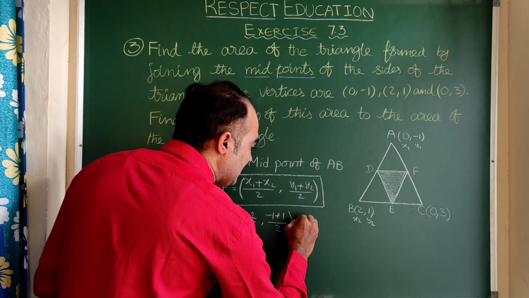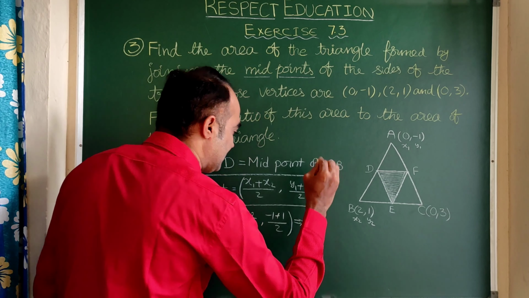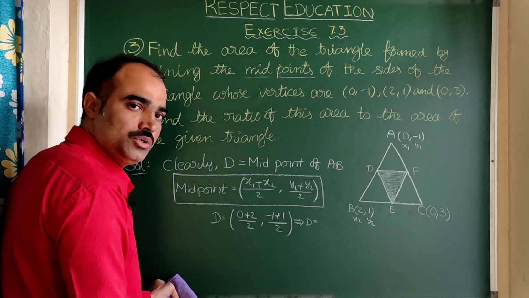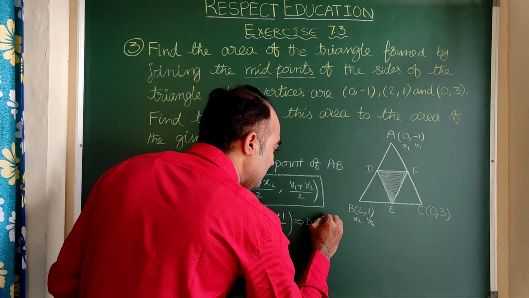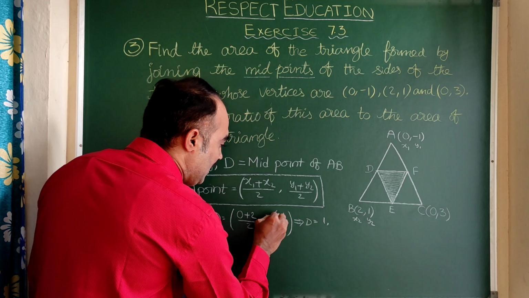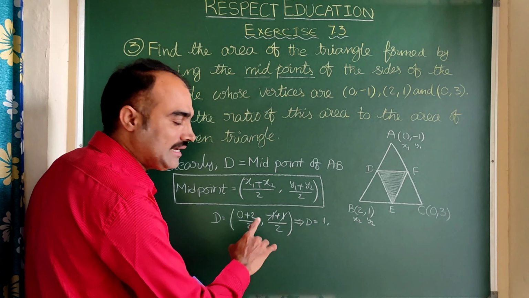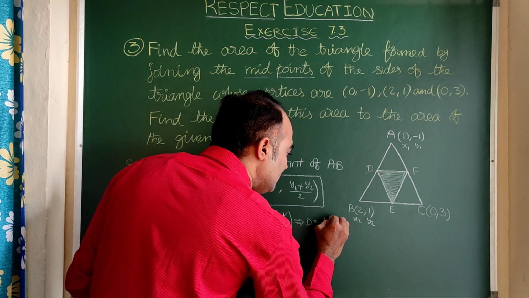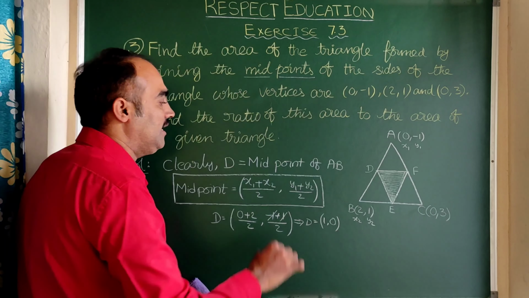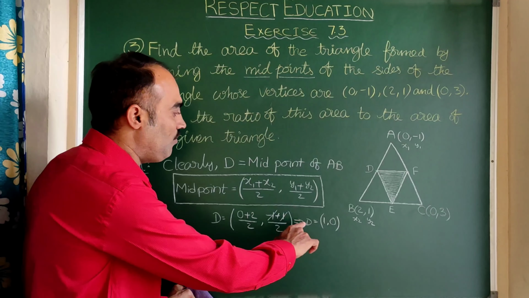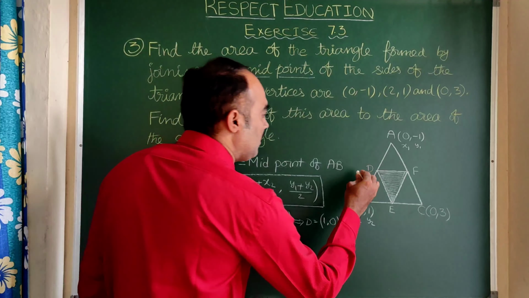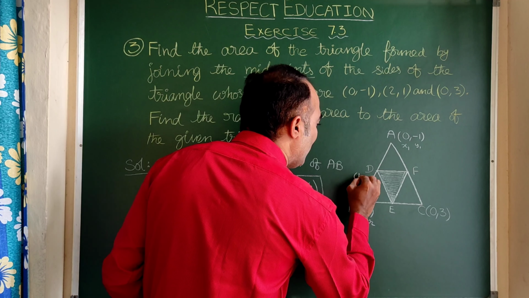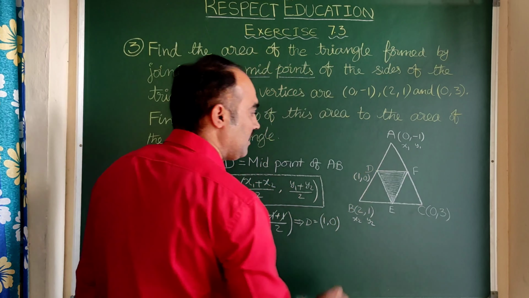On simplification we get 0 plus 2, 2 by 2 is 1, minus 1 plus 1 gets cancelled, so 0 by 2 is 0. Therefore we got D as 1, 0. So here I am writing D 1, 0. Clear?